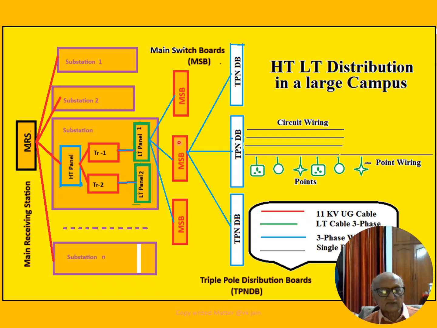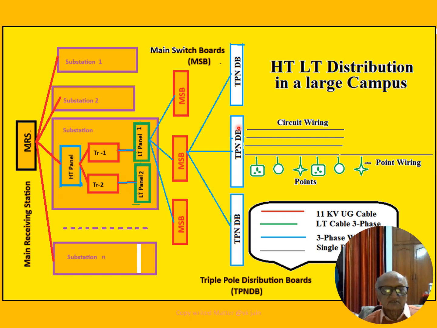Now, when we come to the main switchboard, the main switchboard feeds a number of TP and DVs. TP and DVs may be several on one floor and they may be provided on several other floors. Now, take up a case of one TP and DV.